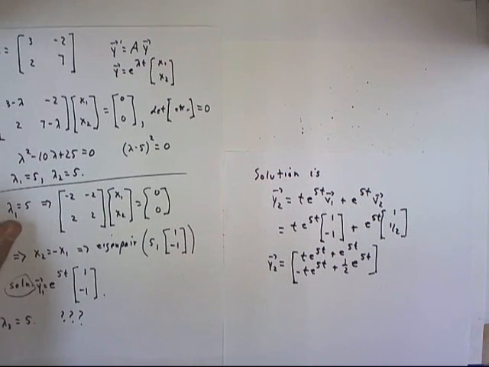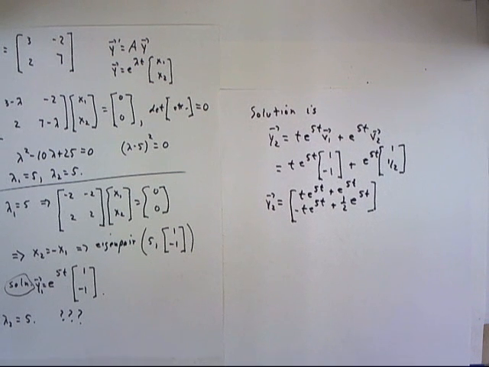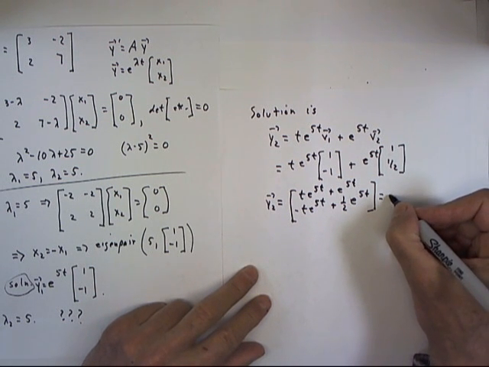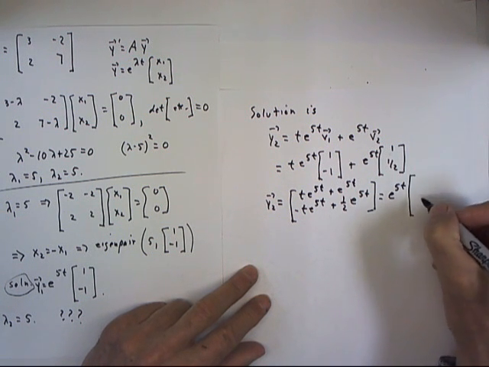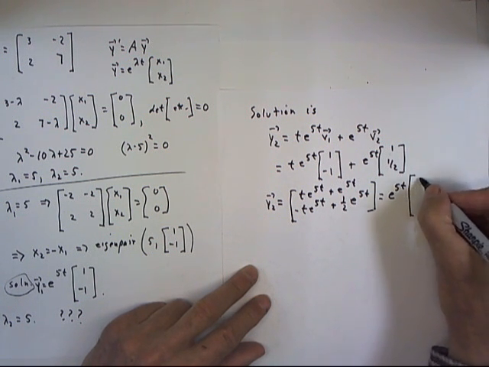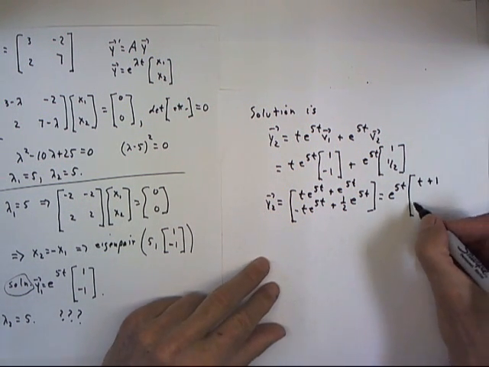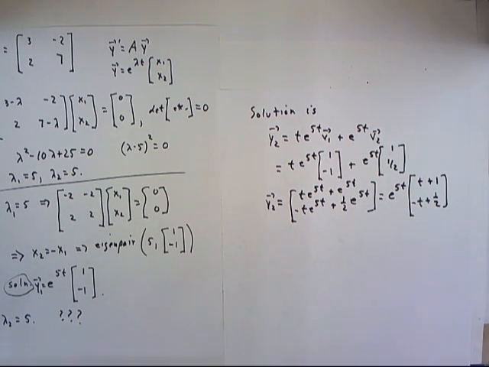Now our first solution was y1 equals e^(5t) times (1, -1). We now have a second solution, which we could write, if we wish, to factor out the e^(5t) as e^(5t) times (t + 1, excuse me, -t + 1/2).